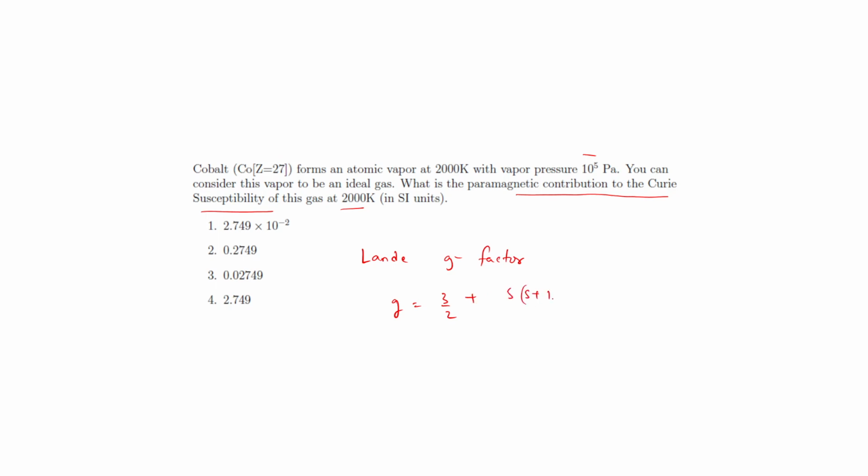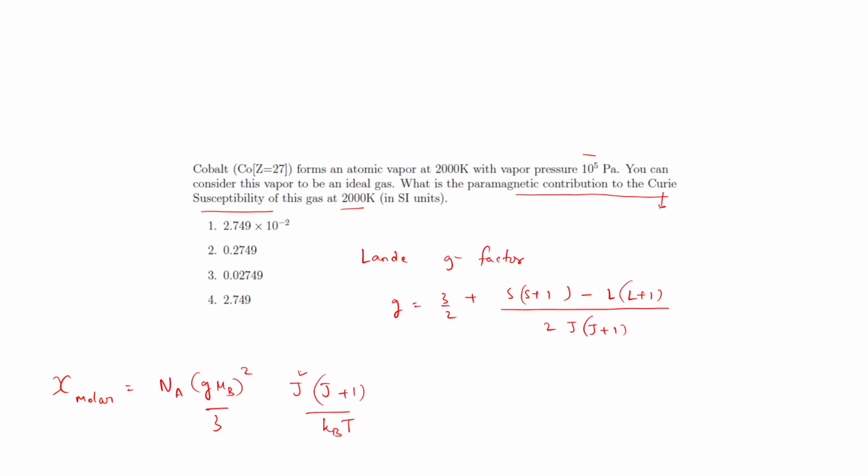So for cobalt we will find what is L, J and S. After we find this L, J and S, the Curie susceptibility, the molar susceptibility, is given by chi = N_A g² μ_B² J(J+1) over 3 k_B T. This is the formula that you have to kind of know.